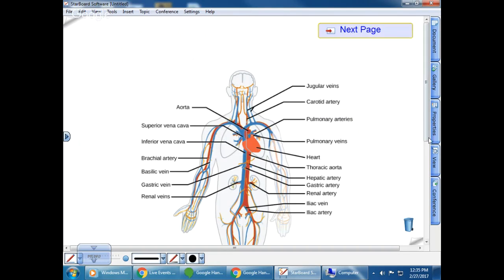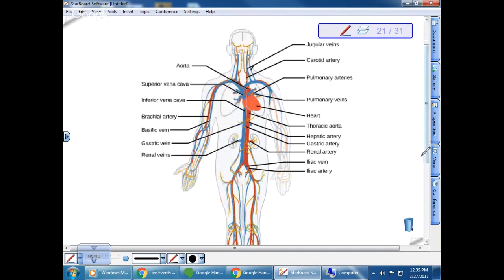Okay. So if we look at the blood vessels, you can see that there's blood vessels that take blood up to the brain. So your carotid arteries, for example, and then the jugular veins that would take blood away from the brain and back towards the heart.